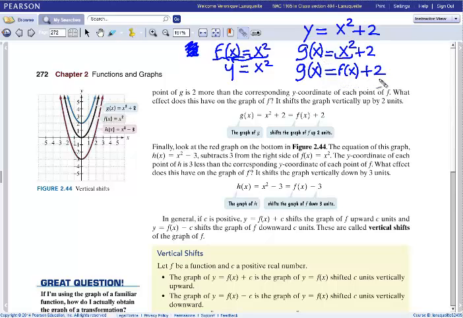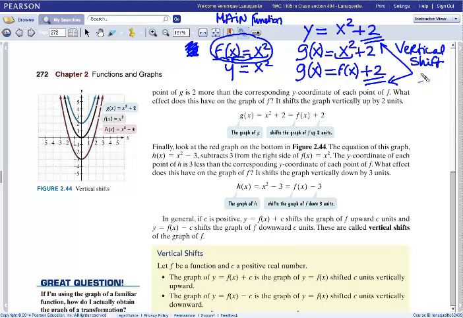Whenever you say something like that, you need to realize that your main function which you had before is going to be used as a template, and then because of the plus 2 right there, then you're going to have a vertical shift of the graph of f, and that's going to be 2 units up because it says plus 2.